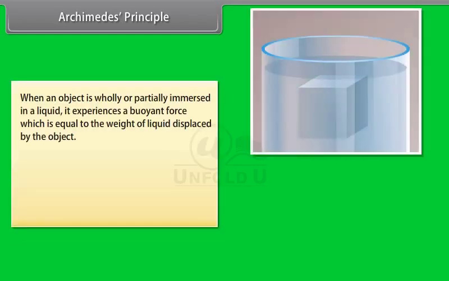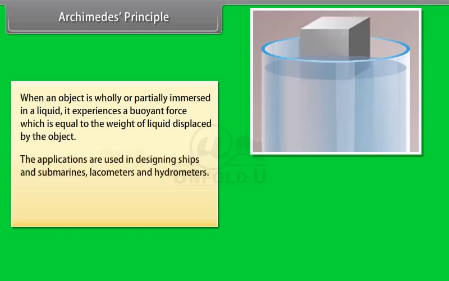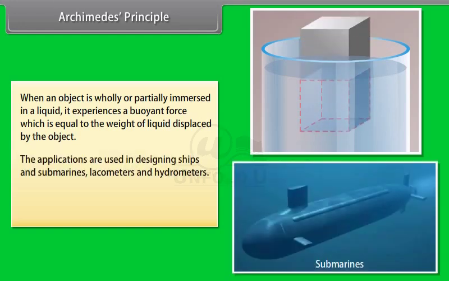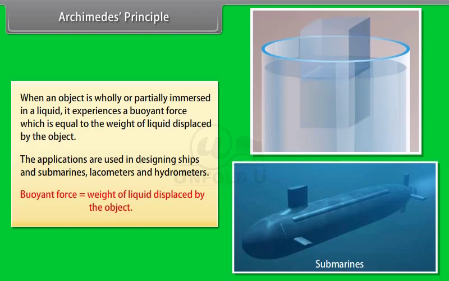Archimedes' principle. When an object is wholly or partially immersed in a liquid, it experiences a buoyant force which is equal to the weight of liquid displaced by the object. The applications are used in designing ships and submarines, lactometers and hydrometers. Buoyant force is equal to the weight of liquid displaced by the object.